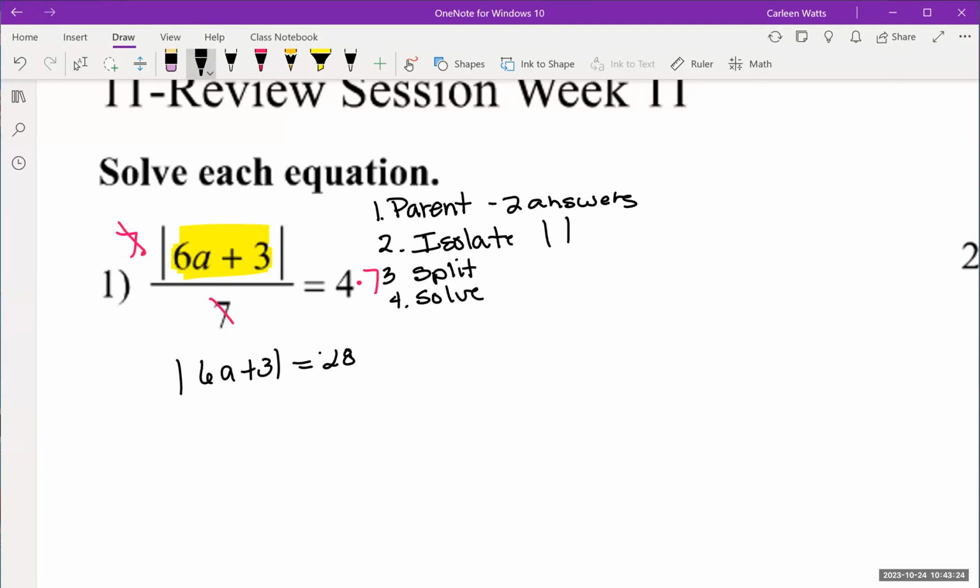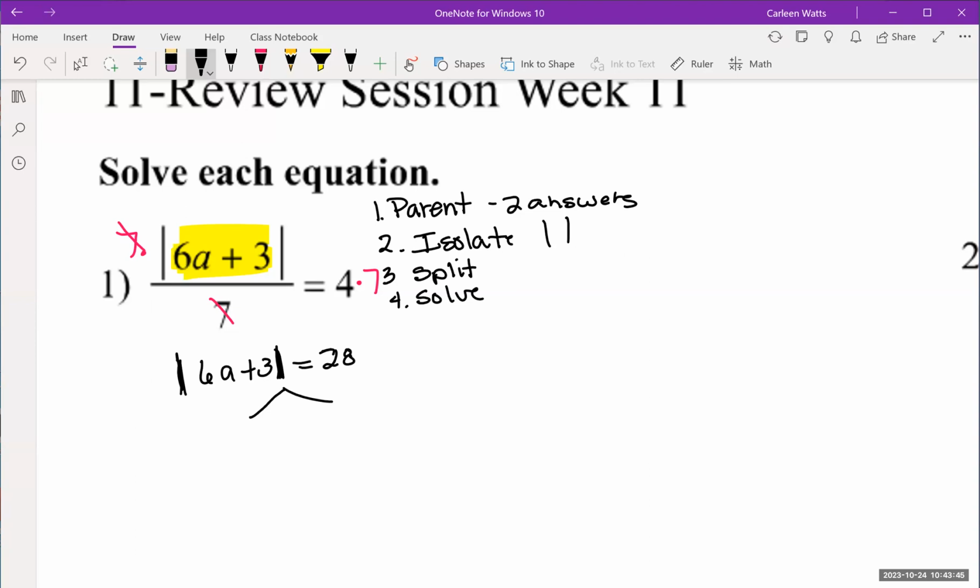28. Now, I've isolated my absolute value. These are not ones. These are absolute values. Next, we're going to split. Okay, there's 2 ways to do this. We're going to do it the long way.